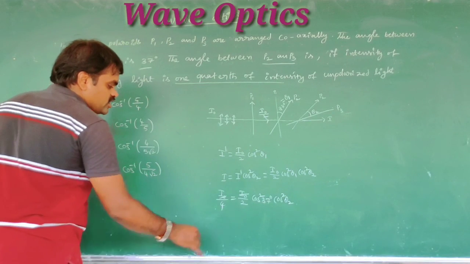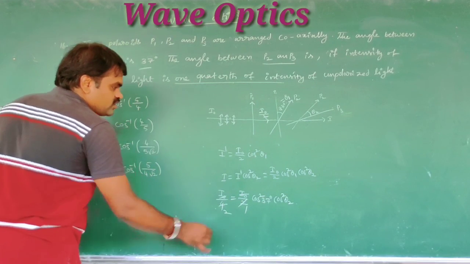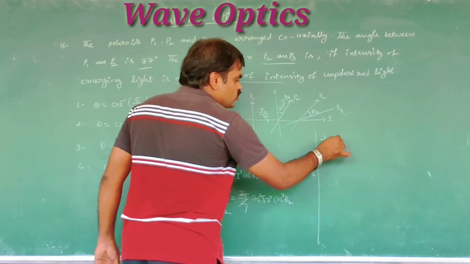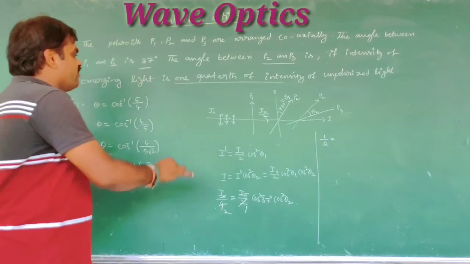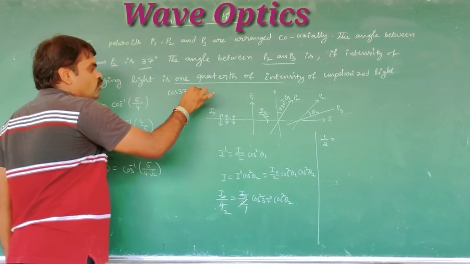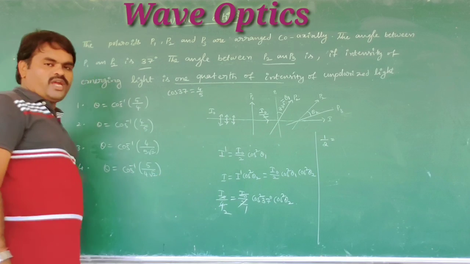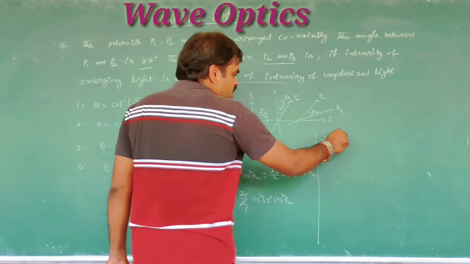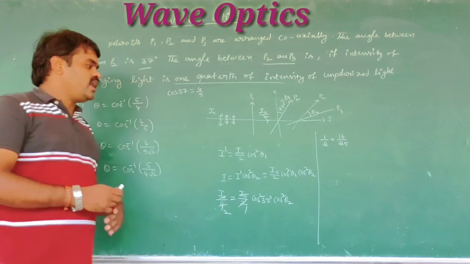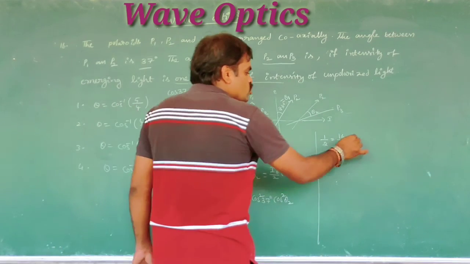Now I naught cancels. Then we get 1 by 2 equal to cos square 37 cos square theta 2. Cos 37 value, remember it? It is 4 by 5. Cos square 37 means 16 by 25.